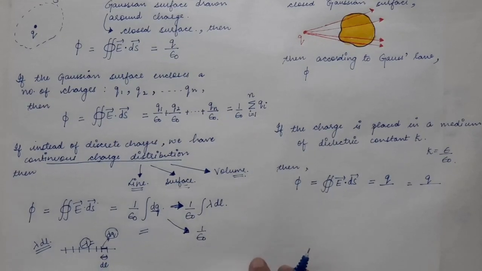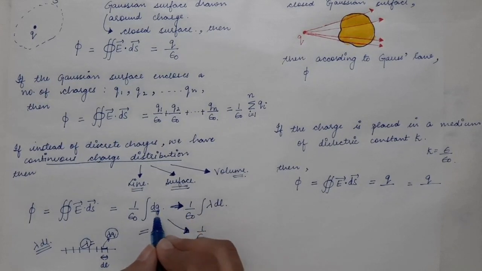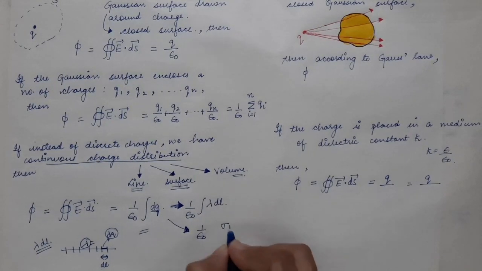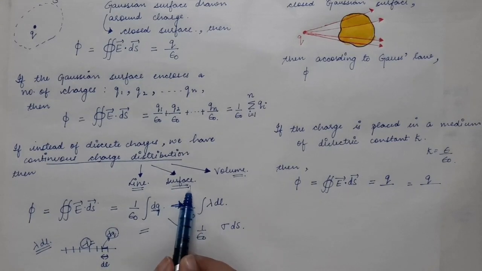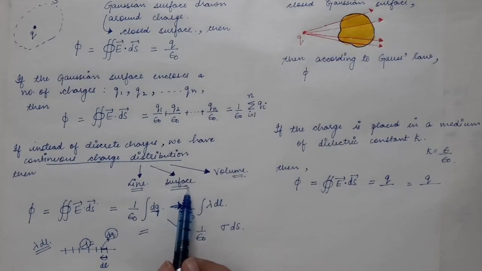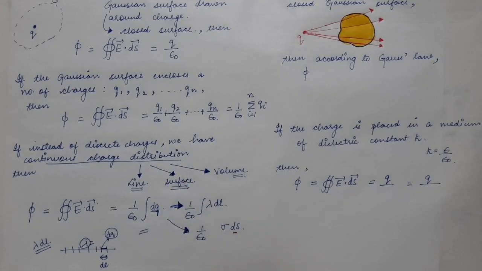What will be the charge dq in the case of surface charge distribution? dq will be equal to sigma into ds. If you take a small patch on the surface, a small surface element ds, the charge on this ds element will be equal to sigma into ds. Sigma is the surface charge density.